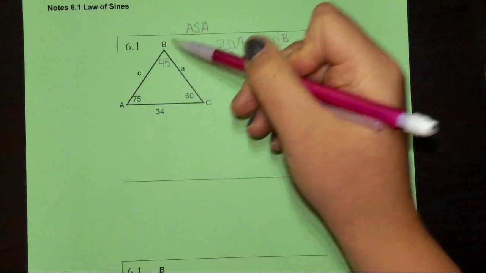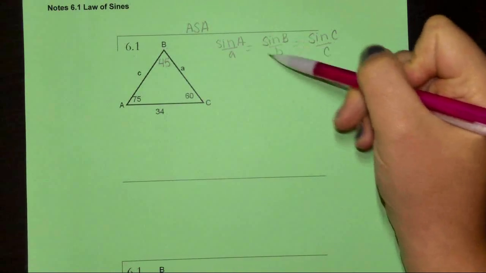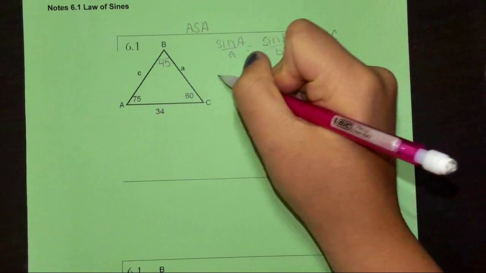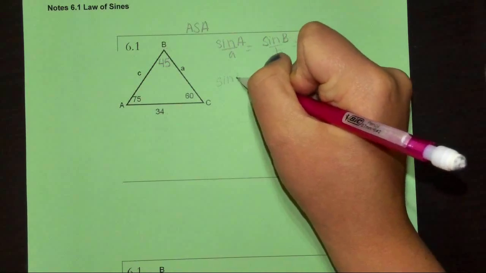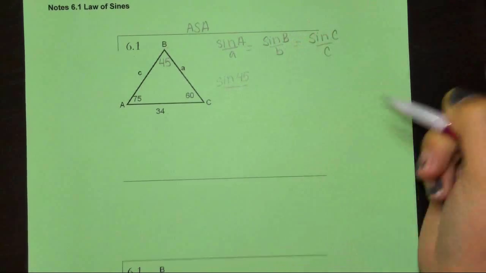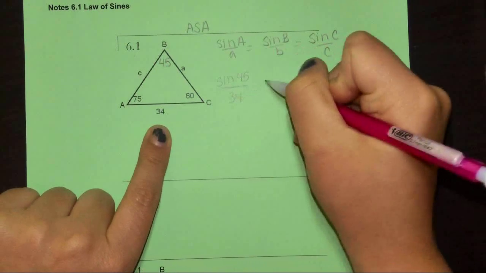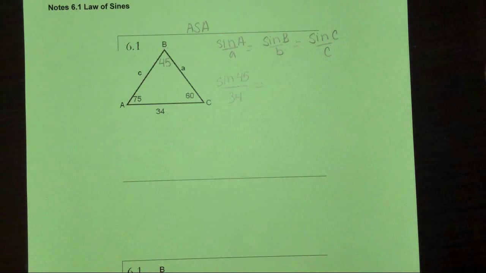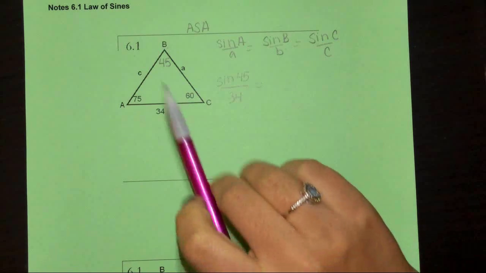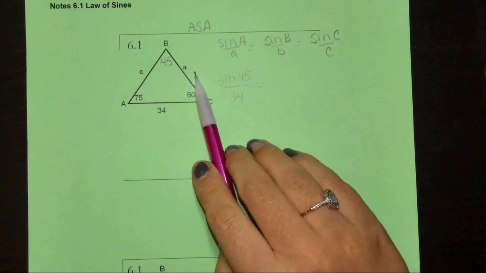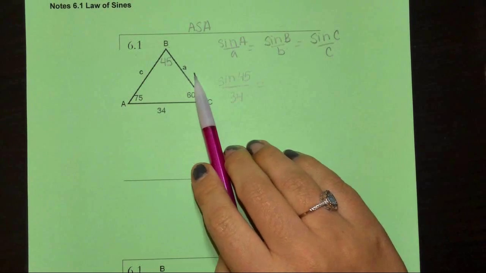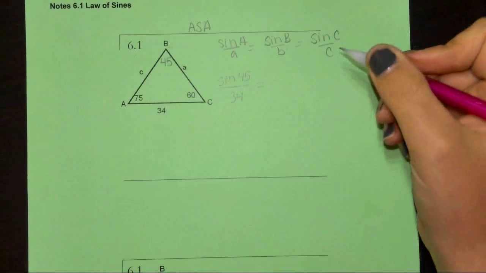So I have angle B, so I know that I can use this ratio sine of B. So I will write sine of 45 over that side B's value, which is 34. And I'm going to solve for side A first, just because it doesn't really matter here.